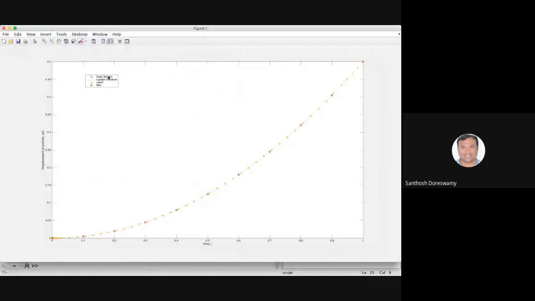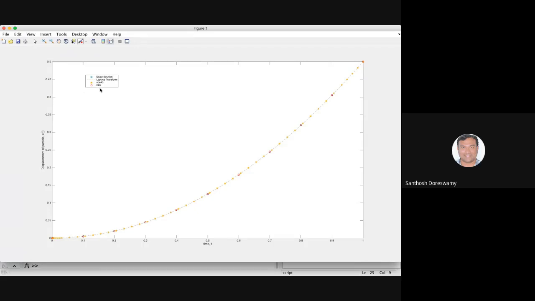So you have the exact Laplace transform solution, ODE45, and I've also done RK4 that I'll try to explain. ODE45 yielded all of these star points here, and the red square is the RK4 method.